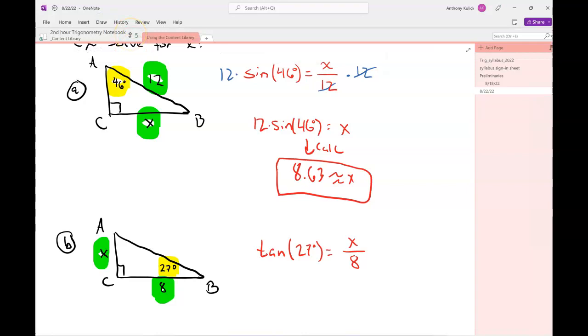Everybody feel good? Okay. And now it's just algebra from here. So to get the x by itself, we multiply by 8.